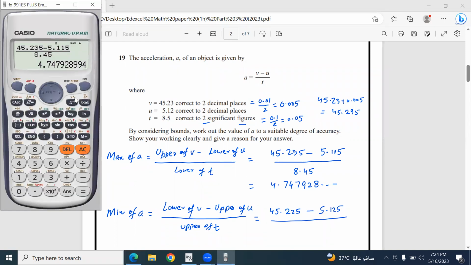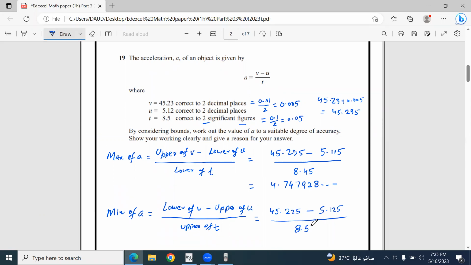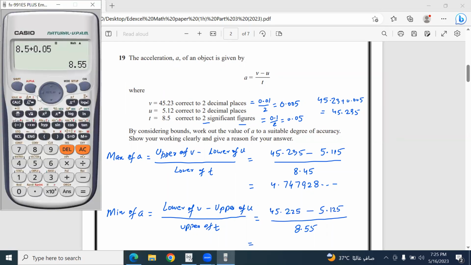See, the value of t is 8.5. You can check 8.5 plus 0.05, that gives us 8.55. After this you can check all this in the calculator.